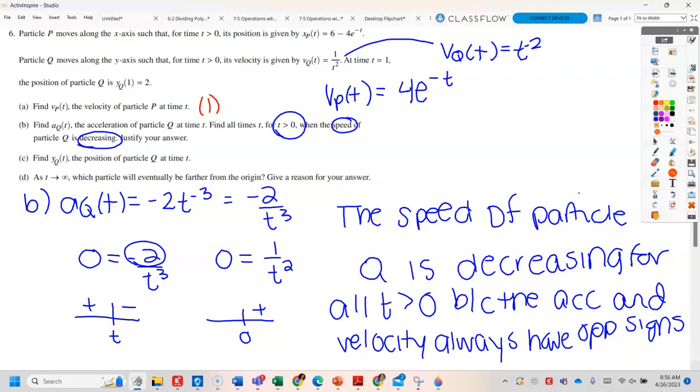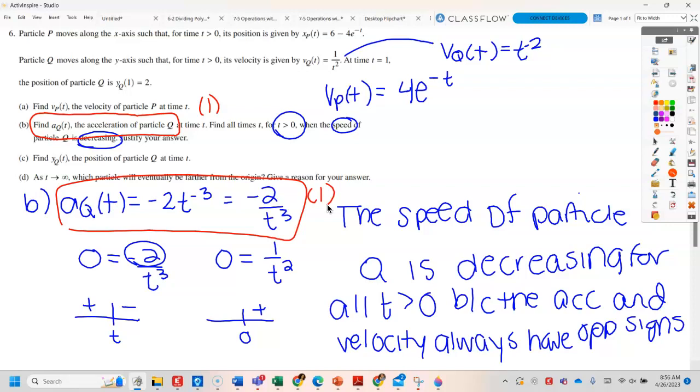How many points is this problem worth? And what do you think would be worth your points? The first part of the problem said, find a_Q(t). That's going to be worth 1 point. Then it said find all t times when the speed is decreasing. Justify your answer.